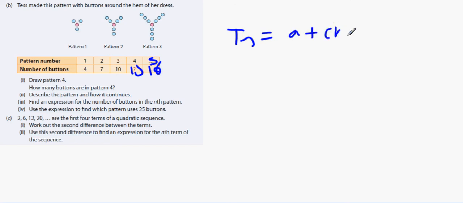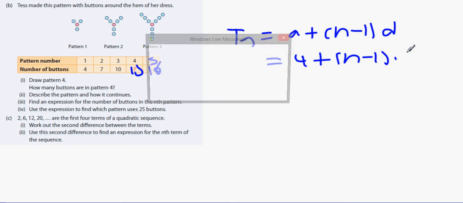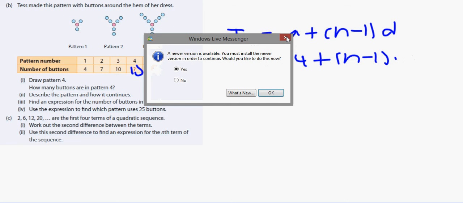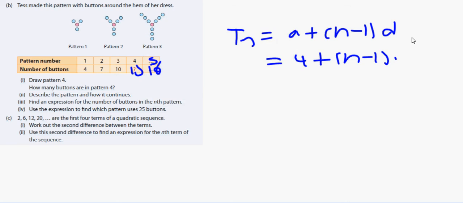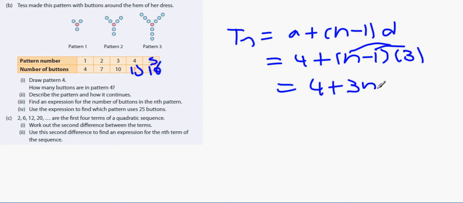A is 4, d is 3. What happens is 3 gets multiplied in, and what we're going to get is 4 plus 3n minus 3. Then we're going to get 3n plus 1. That's what Tn is.